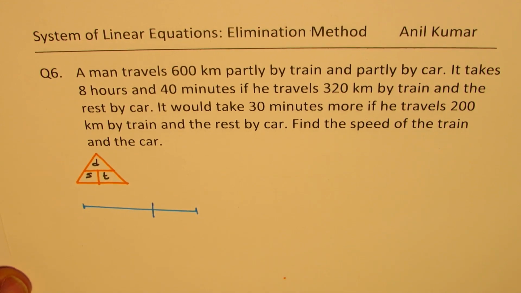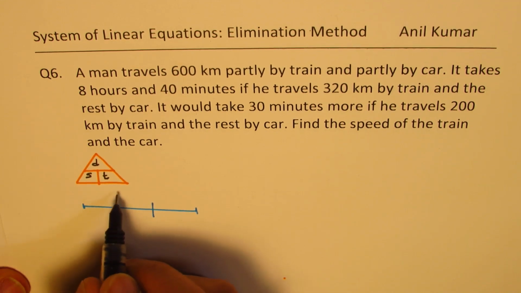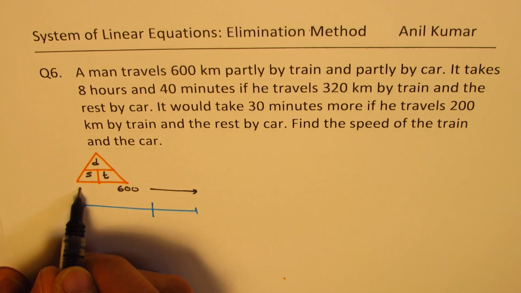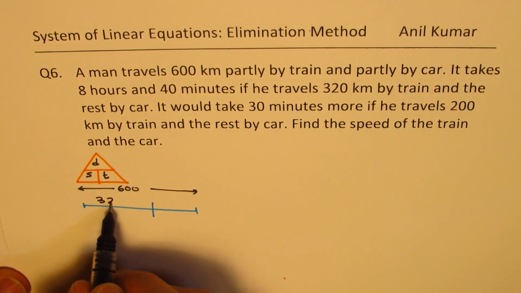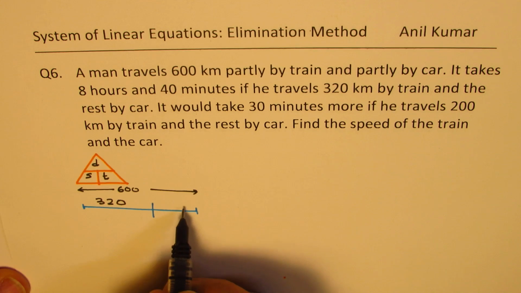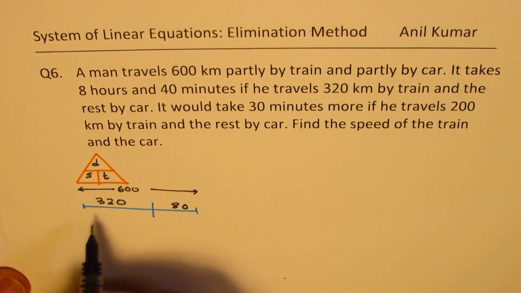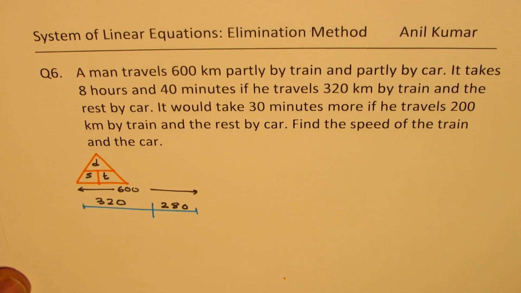So the total distance covered is 600, out of which 320 is by train, so the balance is how much? Just take away 320 from 600: 10 take away 2 is 8, 5 take away 3 is 2, so we get 280.